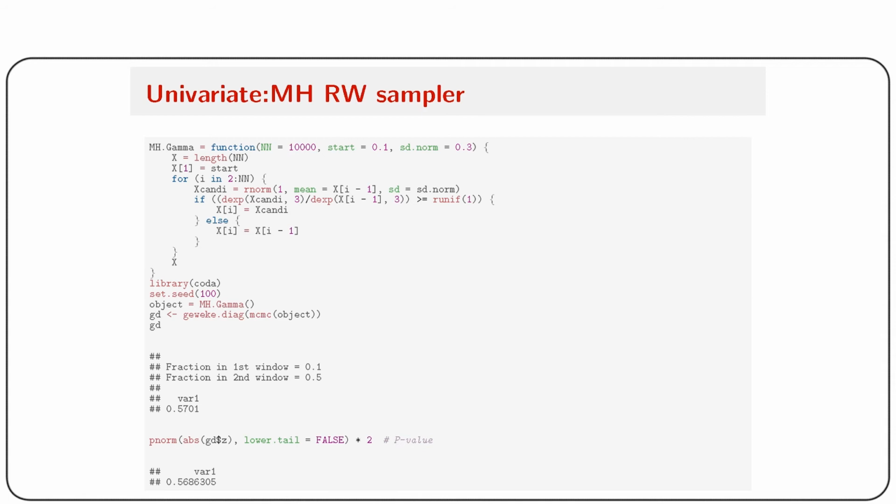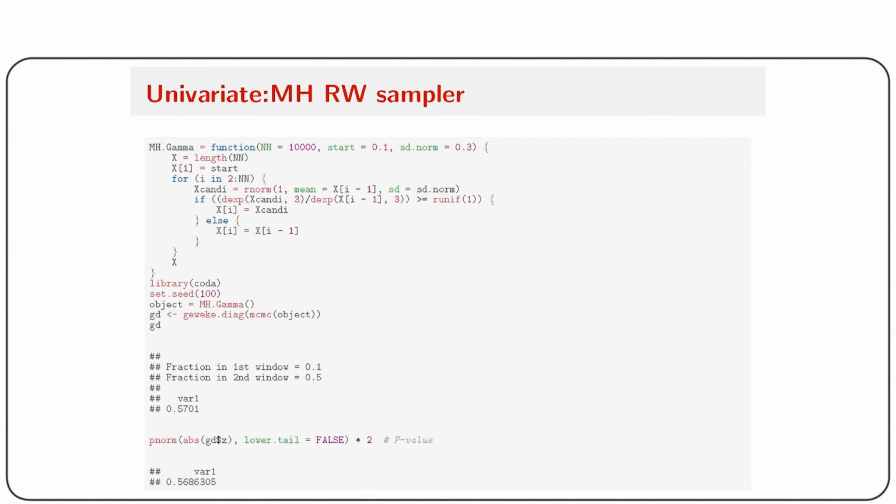Now I am using the library coda, set seed 100, and object equals to the gamma sampler, which gives you the gamma samples, where I specified 10,000. Geweke.diag is a function that we can use from the coda package, and the sample has to be converted into an MCMC object.